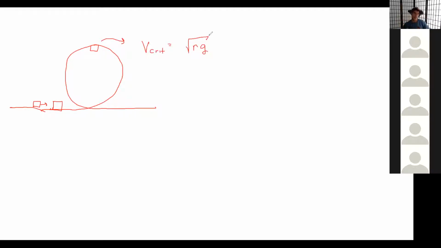It has to be going at this minimum speed, which is given by the square root of r times g. R, keep in mind, is just the radius of this circular path, which means it's going to have a speed of whatever this is when it's at an elevation of 2r. Does that part make sense?